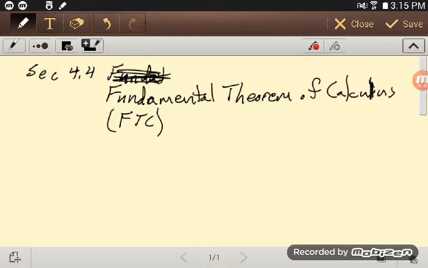So we didn't look at 3.9, but in section 3.9 they mention this idea of a differential, and it's not a real big deal here. We just want to look at the idea and get the notation.